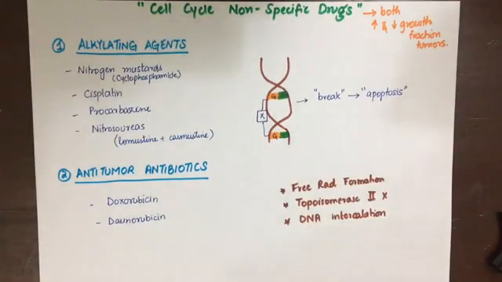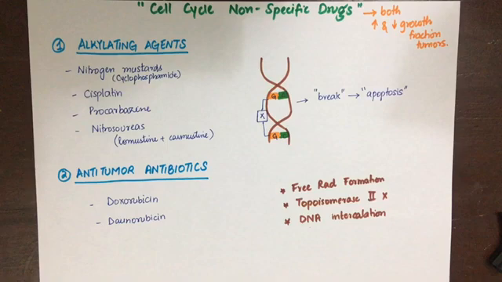will lead to broken DNA and will arrest the cell cycle in any phase, leading to apoptosis or programmed cell death of the cell. Alkylating agents involve nitrogen mustards such as cyclophosphamide, cisplatin, procarbazine, and nitrosoureas such as lomustine and carmustine.